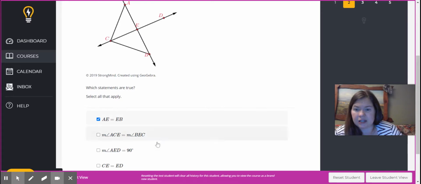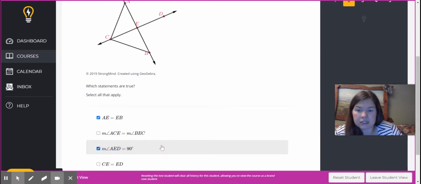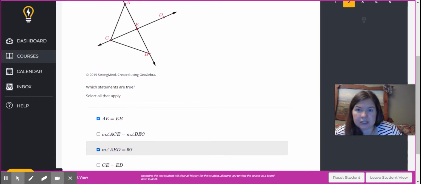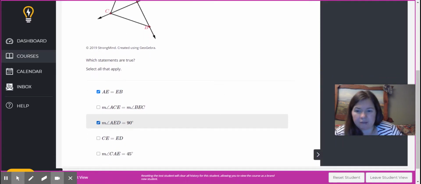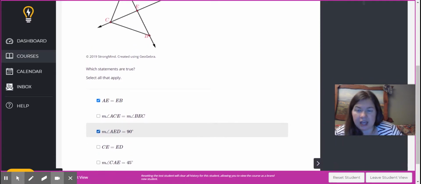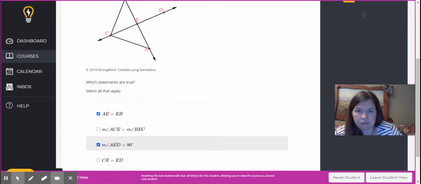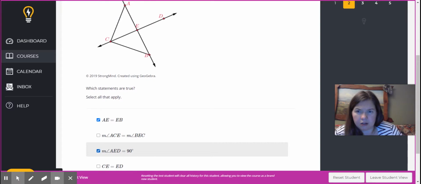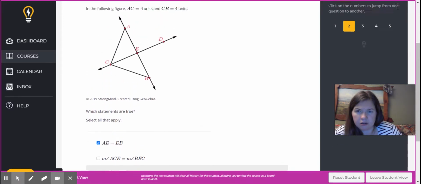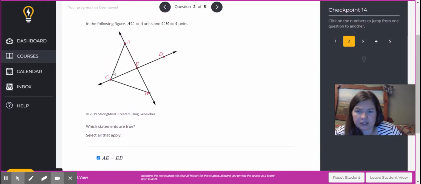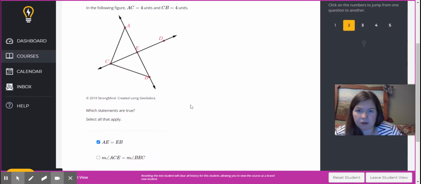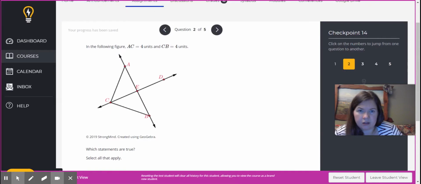No. BEC is 90. AED is 90. Yep. CE is congruent to ED. We don't know that. The measure of angle CAE is 45. We also don't know that. Do we know that? Let me just think here. We have that one. So AC is 4 and CB is 4. Yeah, we don't know if that was true. Okay.